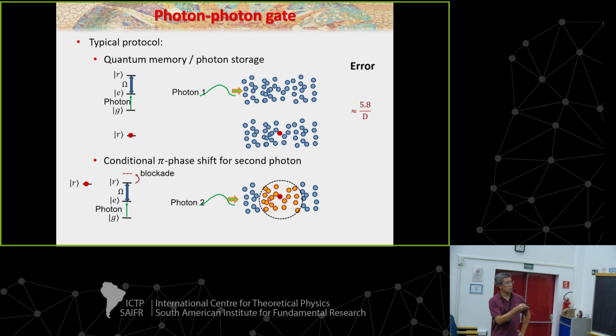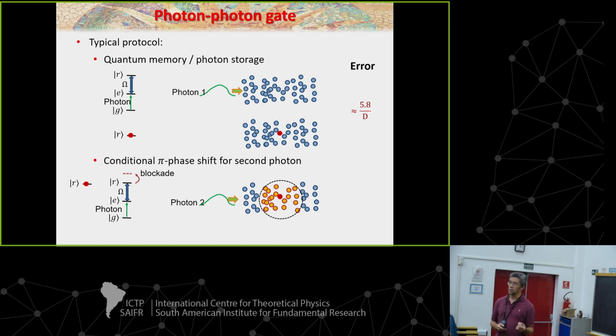Then you shine in your second photon, and the second photon basically sees the effect of the first photon through this Rydberg-modified region. So it propagates through a different refractive index over a non-trivial distance. If you tune that correctly, you might engineer, for example, that the second photon picks up an extra pi phase shift, but only conditioned on the first photon being there.